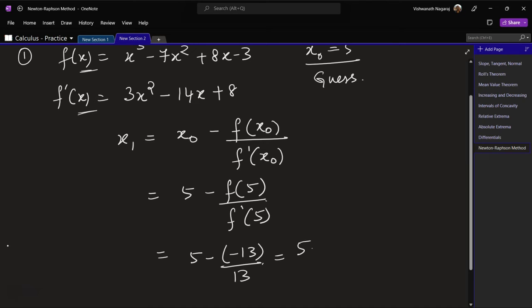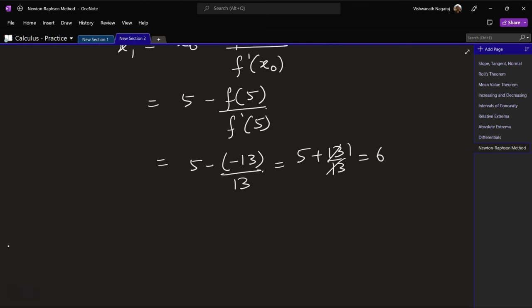This would be 5 plus 13 by 13, which is 1, which is equal to 6. So this is our approximation when we go through our first iteration of Newton's method.